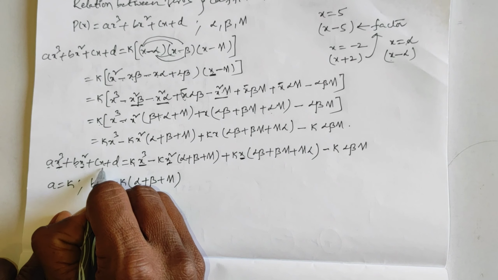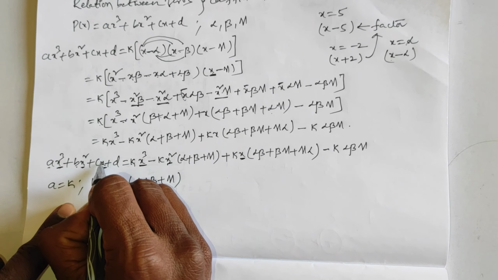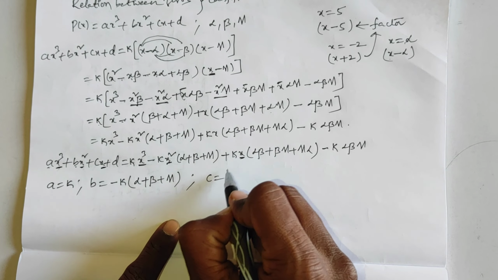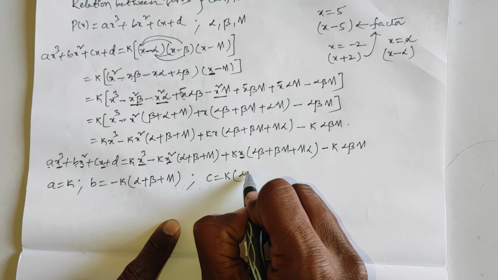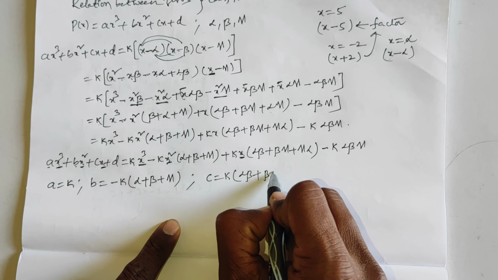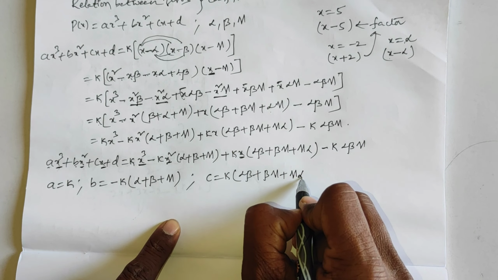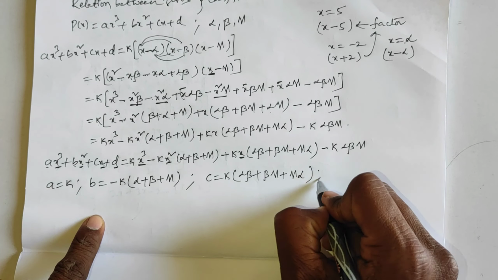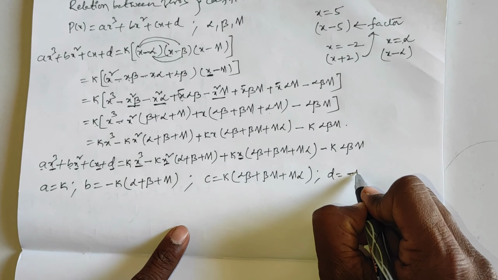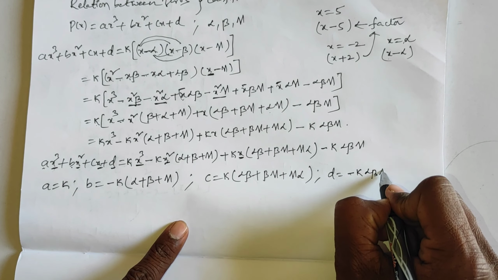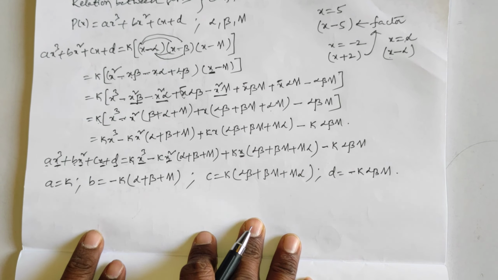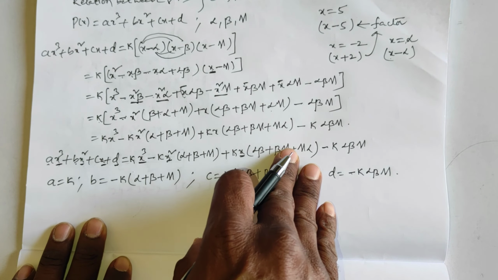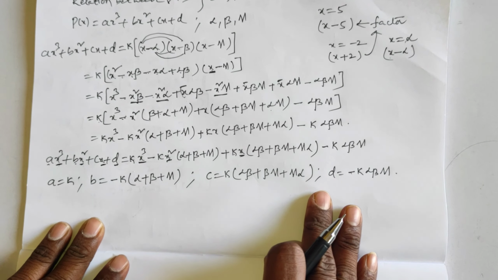Now x is the same. The coefficient of x is c, so c is equal to k of alpha beta plus beta gamma plus gamma alpha. And d is the constant, so d is equal to minus k of alpha beta gamma. This is the comparison of the standard form with the factors we multiplied.